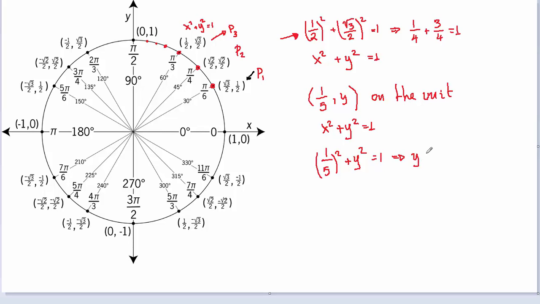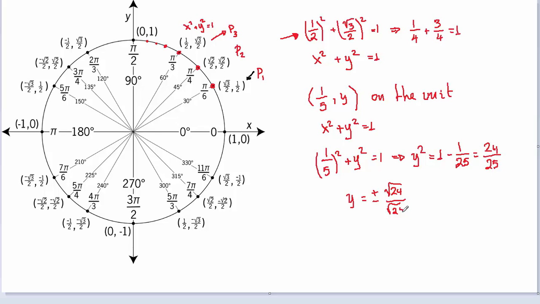You solve for y, and this will give you y squared equals 1 minus 1 over 25. The result for that will be 24 over 25. Well, this is equal to y squared, so you need to take the square root of both sides, and in this case you get two answers. The one will be plus or minus square root of 24 over square root of 25.